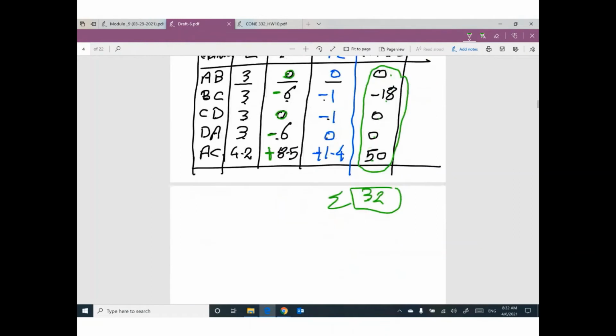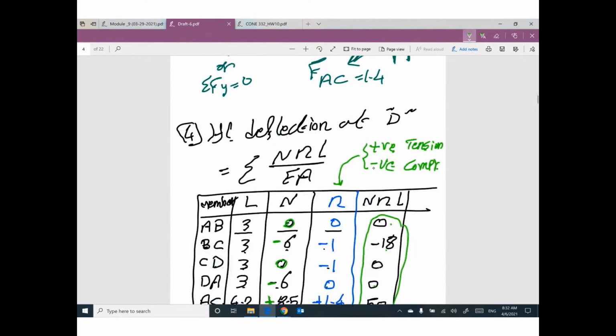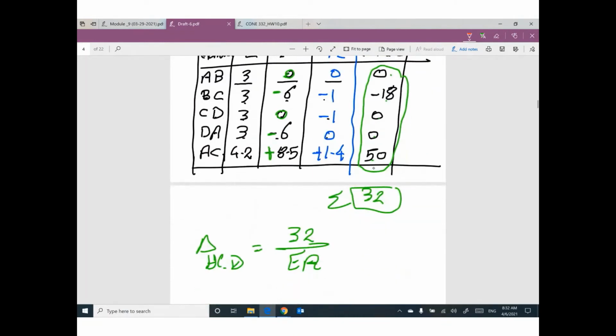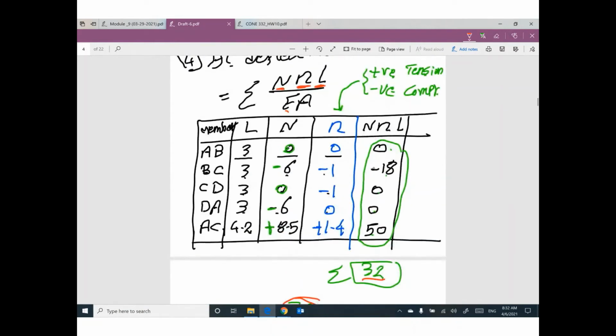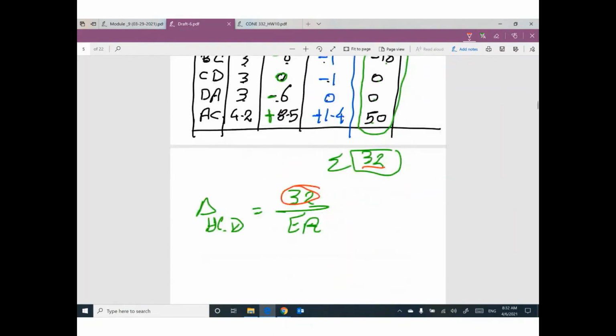So your horizontal deflection at point D equals 32 divided by EA. The numerator, which is summation capital N times small n times L, equals 32. So 32 divided by EA. Your value is positive.